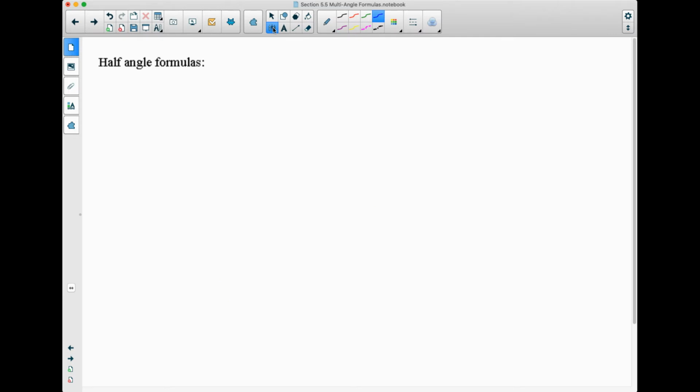Okay, so this is what I was talking about with half angle. Let me show you this one real quick and then we'll be done. Sine 22 and a half. So we talked about how we can make that sine of 45 divided by 2.